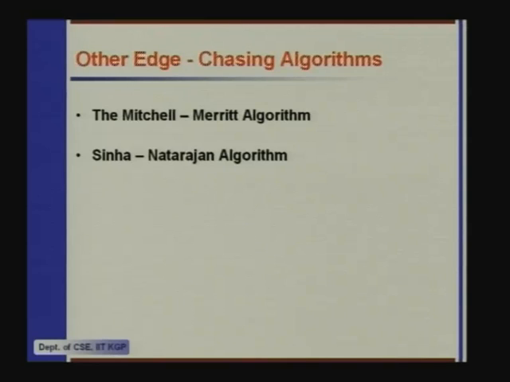Because if at the same time two processes had initiated the algorithm and both of them detect the deadlock, we may end up in a situation where both of them abort themselves, but that was not necessary. In a particular cycle, if any one of them aborts itself, then the other transactions can complete, right?